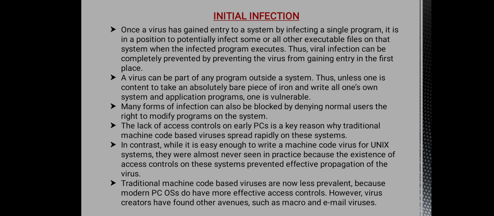In contrast, while it is easy enough to write a machine code virus for a Unix system, they were almost never seen in practice because the existence of access controls on these systems prevented effective propagation of the virus. Traditional machine code based viruses are now less prevalent because modern PC OSs do have more effective access controls. However, virus creators have found other avenues such as macro and email viruses.